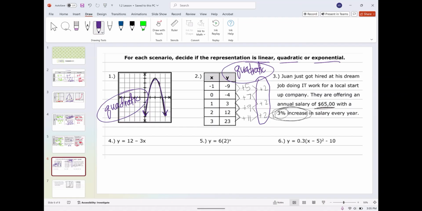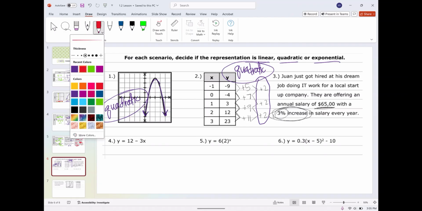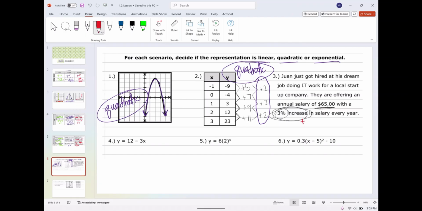Our exponential problems increase by a percentage. And just like we talked about last time, if it's increasing by 3% each time, then our b value, which is our growth factor, is going to be 1.03 because it's growing more. So that's why we have the 1 in front of it. So this is exponential.